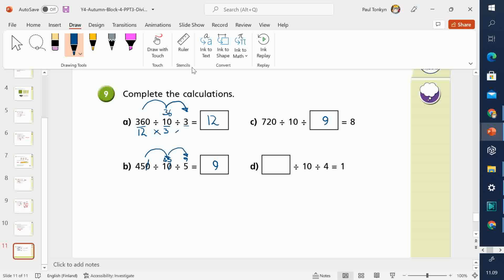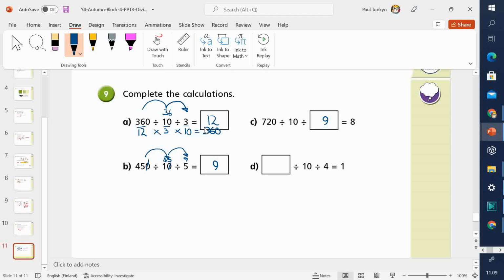And then, so we're going backwards, so then we need to times by 10. And so 36 times 10. 360, yeah? So it's the same process, but backwards.